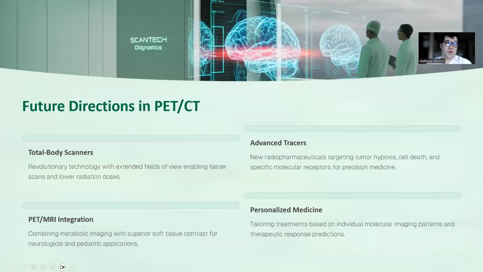So, okay, some more future directions. Total body scanners, which we already have, and then PET MRI integration. If we have the possibility to do that, and I think some sites do, but you have to have a really brand new MRI scanner to integrate into the PET CT era. I've never seen a PET MRI integration, but I know they exist.